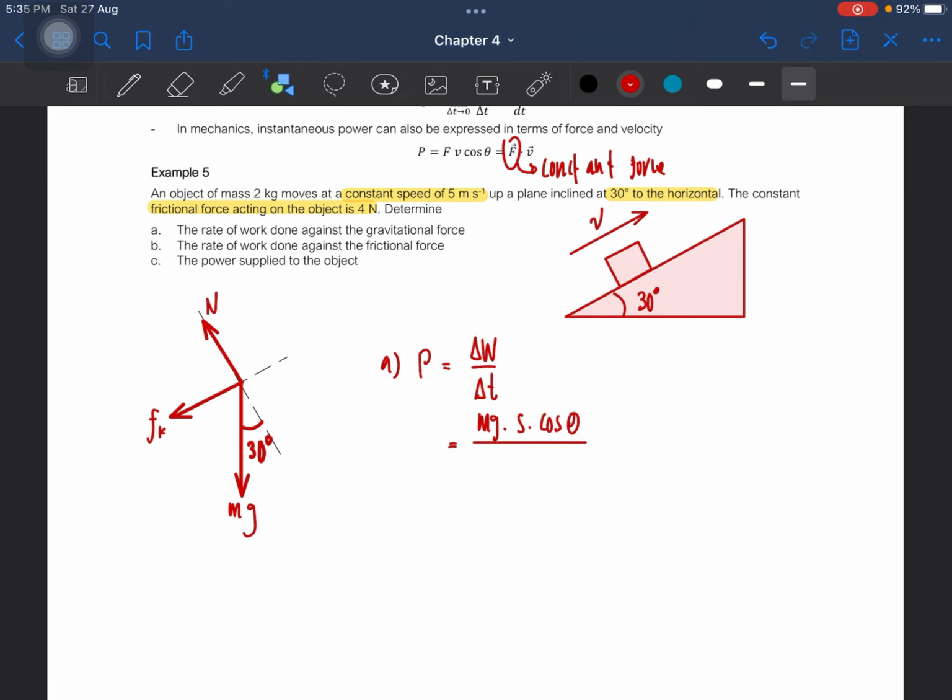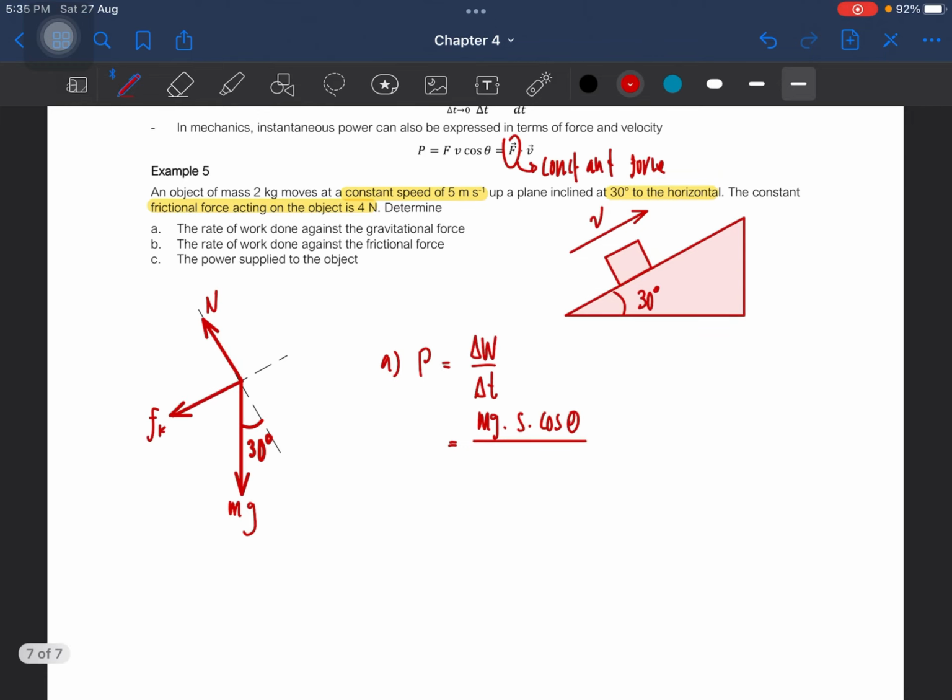So what is the value of delta T? We do not have the value of T. But we can use the speed, the value of the velocity, which is 5 meter per second. Remember, velocity is equal to displacement over time, so that is 5 meter per second.